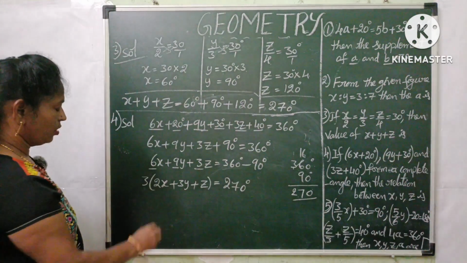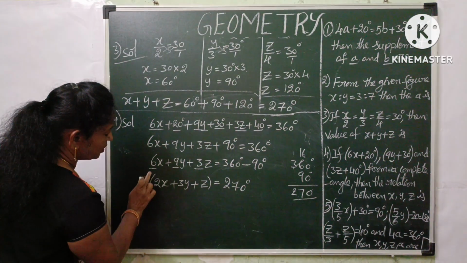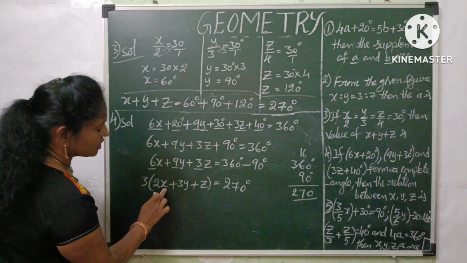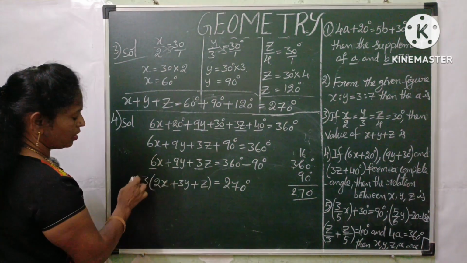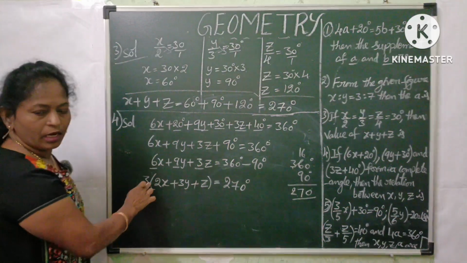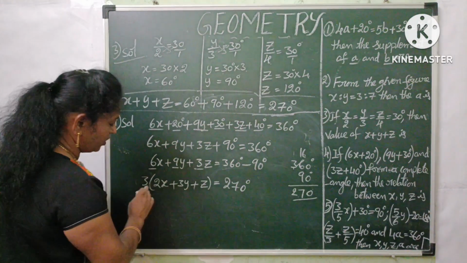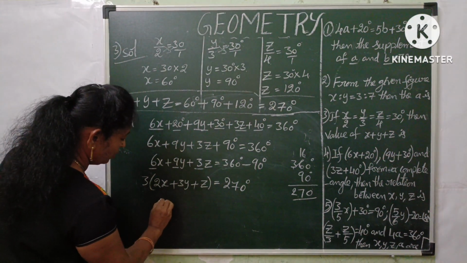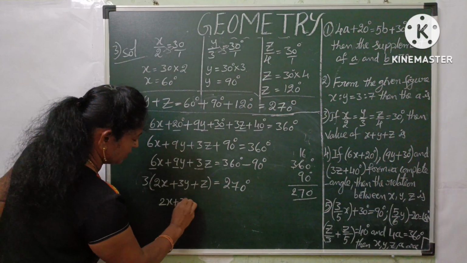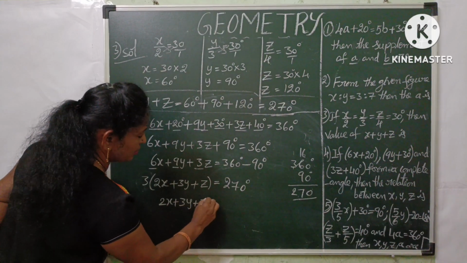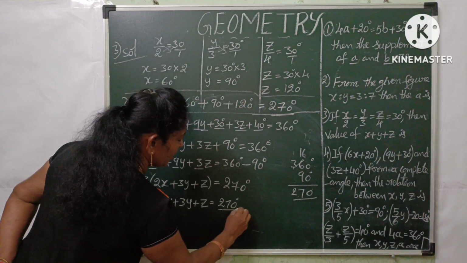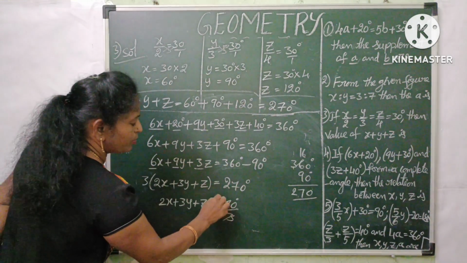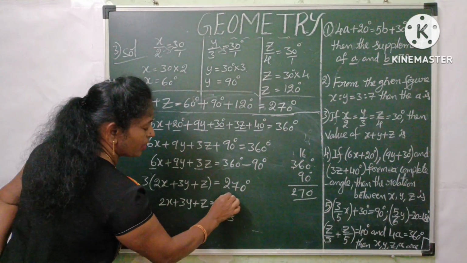Now, this 3 into 2x plus 3y plus z equal to 270 degrees. Now we have to transfer 3 from left to right as divided by. So 2x plus 3y plus z equal to 270 by 3. 3 table in 27, 9 times.